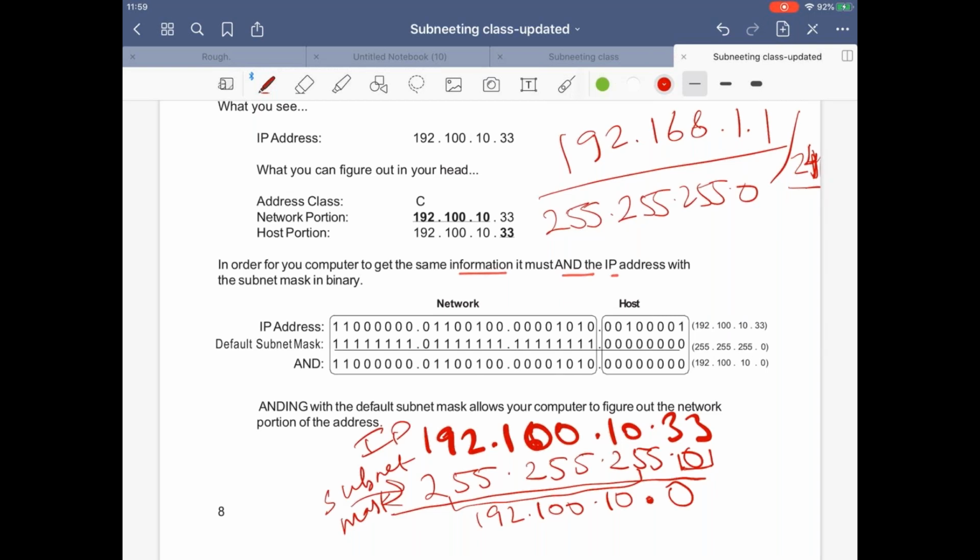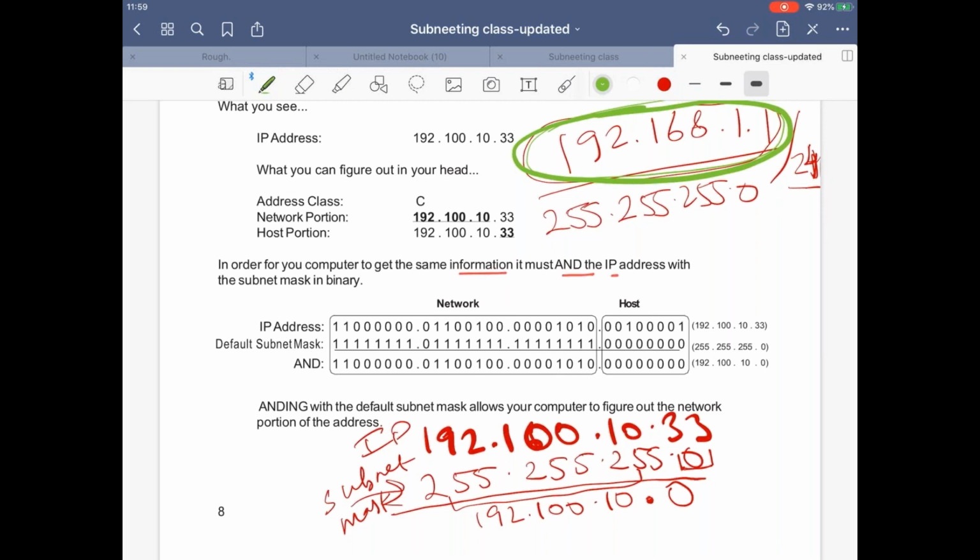If I say this is a network ID, this is wrong.